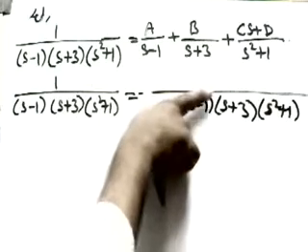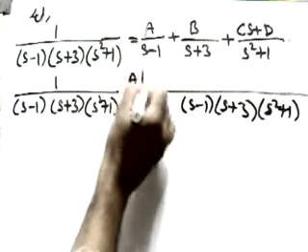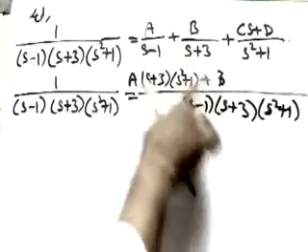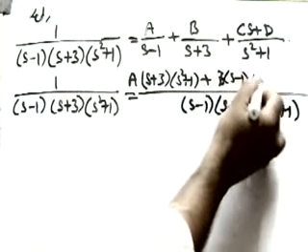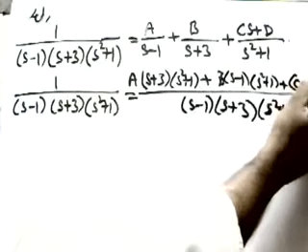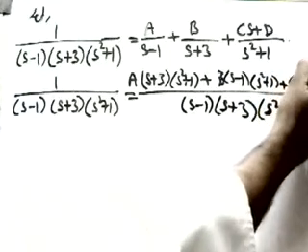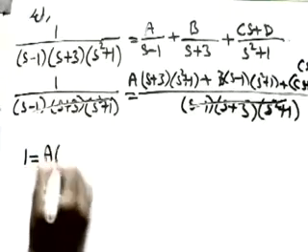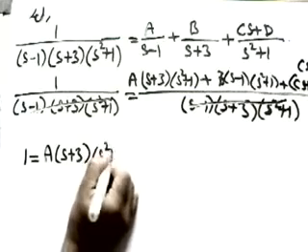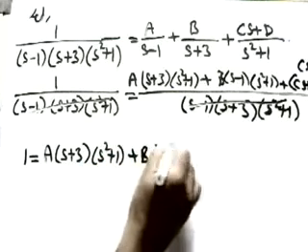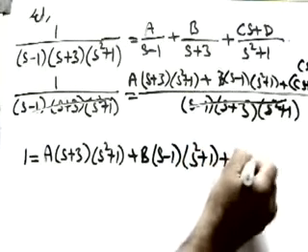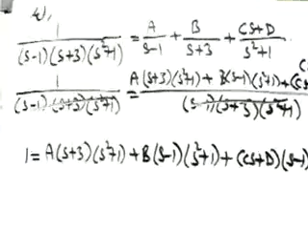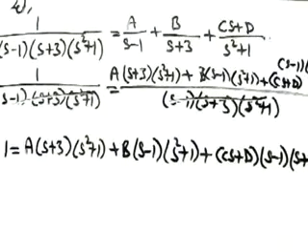Now leaving s minus 1 from the LCM, multiply a into s plus 3 into s square plus 1, plus b into s minus 1 into s square plus 1, plus cs plus d into s minus 1 into s plus 3. Now denominators are the same and get cancelled. So 1 equals a into s plus 3 into s square plus 1 plus b into s minus 1 into s square plus 1 plus cs plus d into s minus 1 into s plus 3.